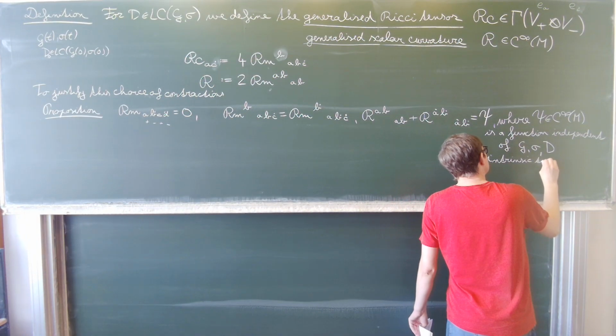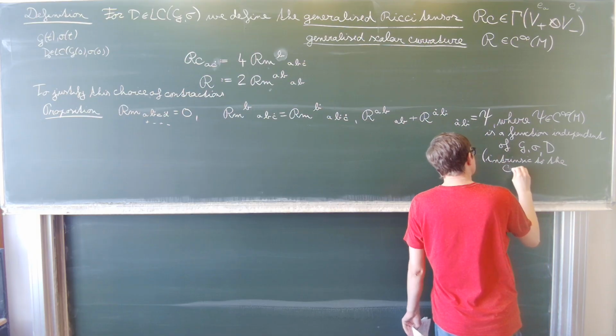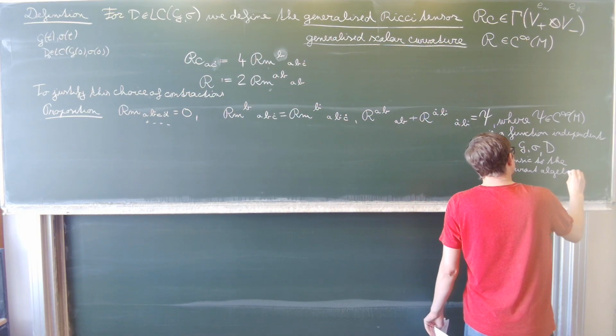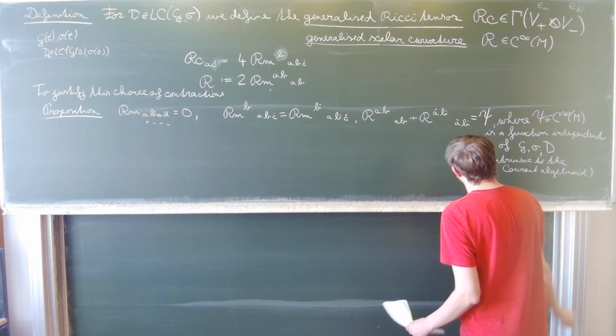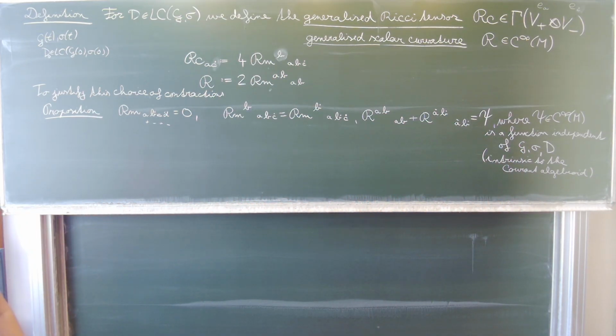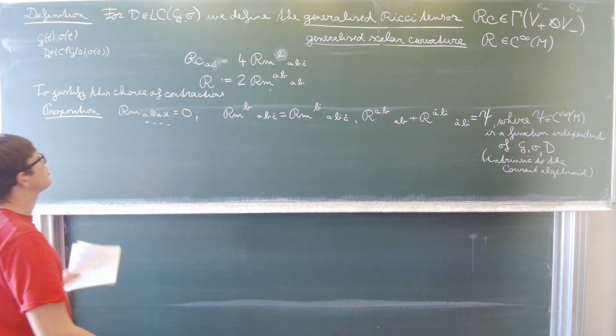Intrinsic to the Courant algebra. In fact, you were asking about the name. I think it's probably fair to call this thing a curvature of the Courant algebra. I might justify that later.